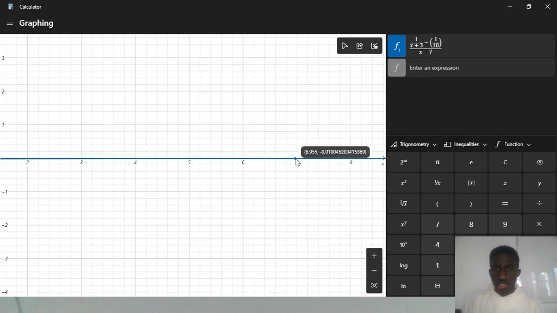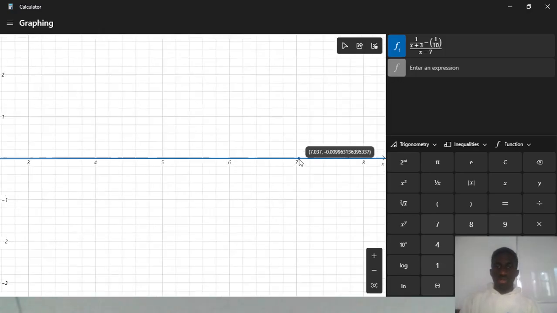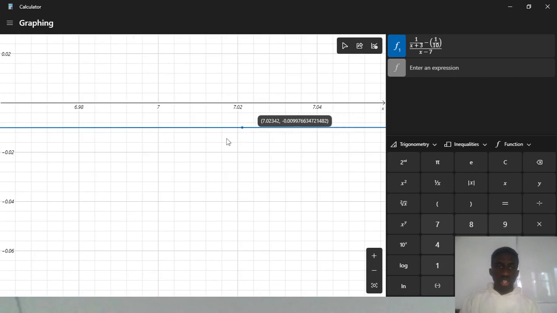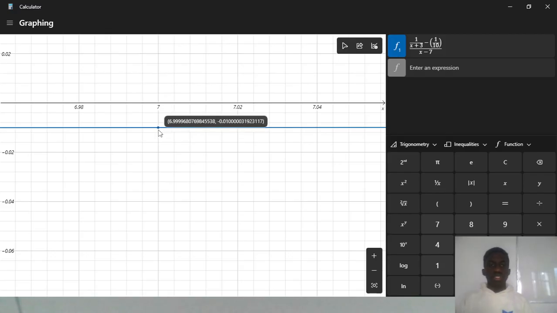This verifies our answer. As we approach it from both ways, we end up getting closer to minus 0.01, in this case, minus 0.010025. So we verify that that is the limit of this function.